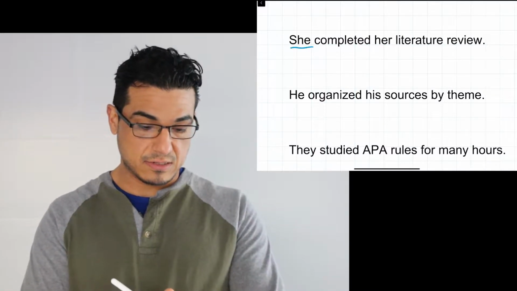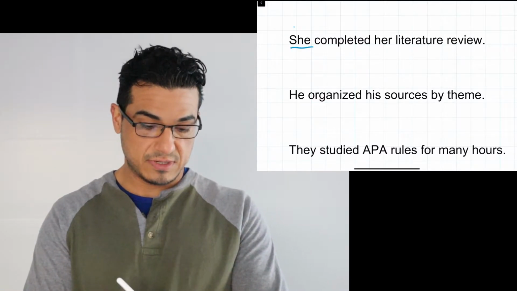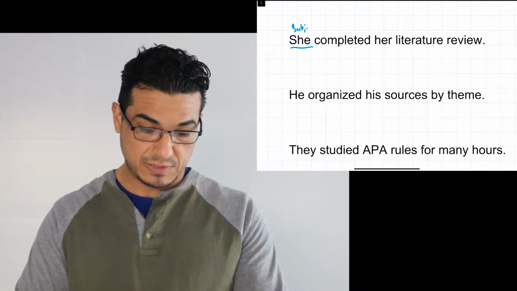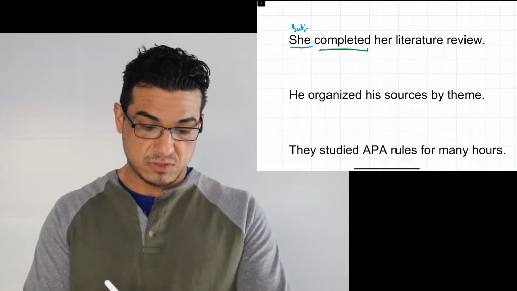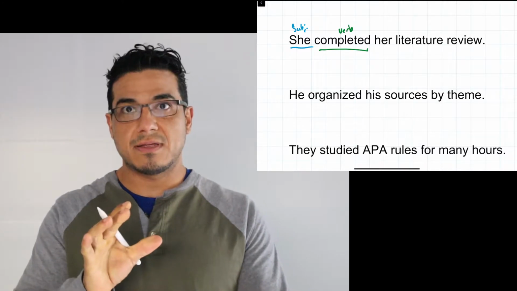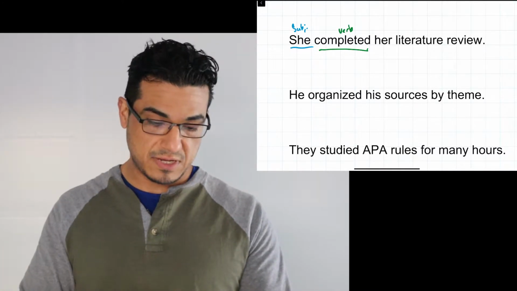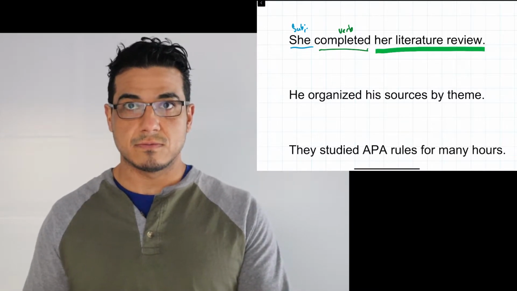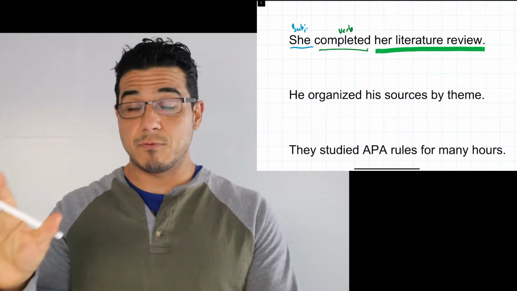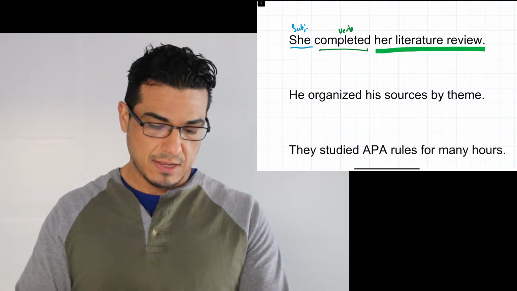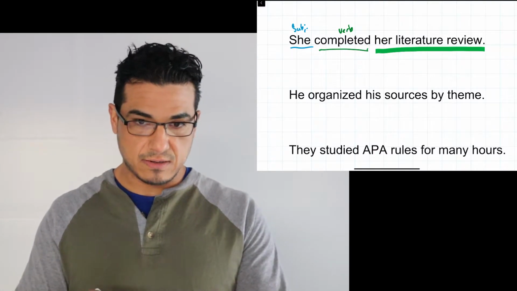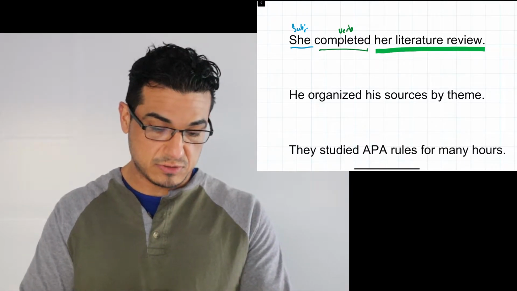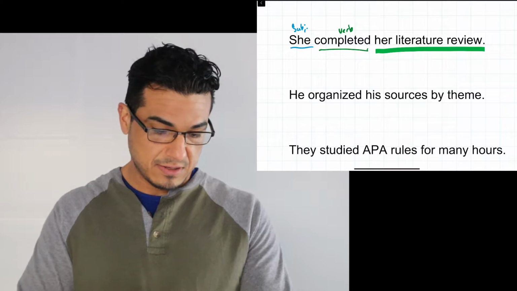She, again, is going to be our subject pronoun, so I'm going to label this as my subject. Well, what did she do? She completed, which is our verb, but the full predicate would be she completed her literature review. So all of that combined will act as a complete predicate. You've got your subject.